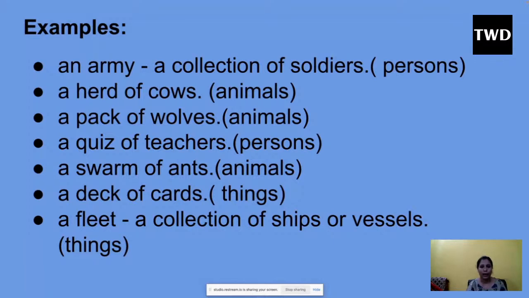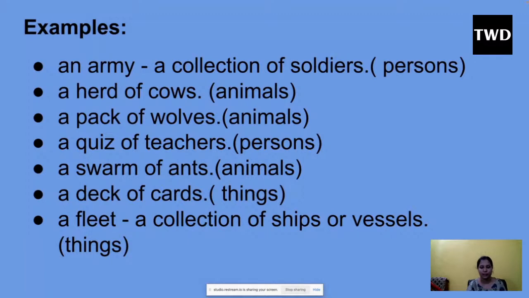A swarm of ants, okay, when some flying insects move together in a group, that is known as swarm. A deck of cards, you might have played card games, and the bunch of cards is known as deck. A fleet, fleet is a collection of ships or vessels. Vessels in this case are the utensils which we use in our kitchen every day.